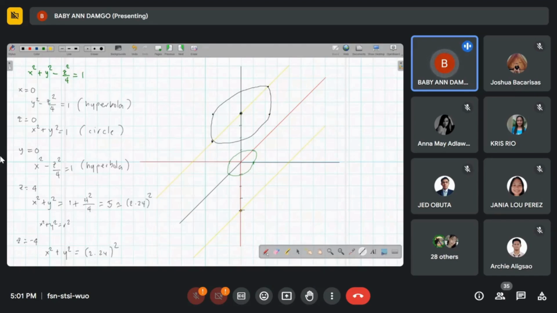So from this, we have the radius is 2.24. So 1, 2, so this one from the right, 1, 2. So this represents the y-axis, and then the x, kaning yellow. So we have 1, 2, so 2.24, 1, 2, so this one. And then we can create a circle.